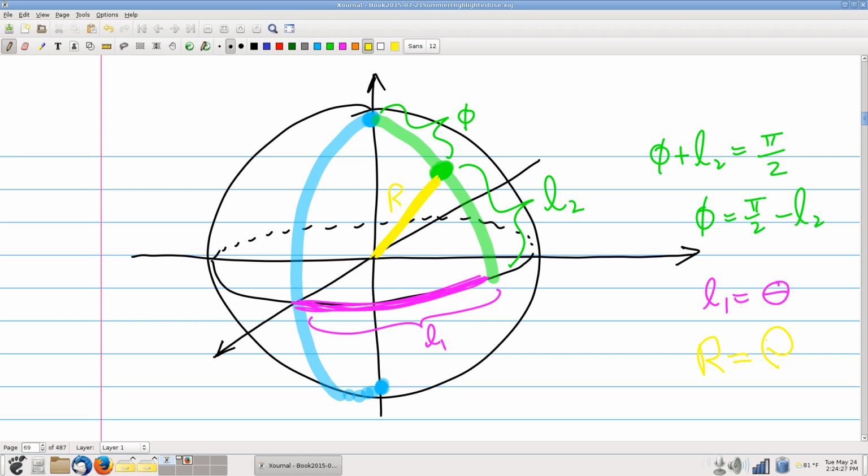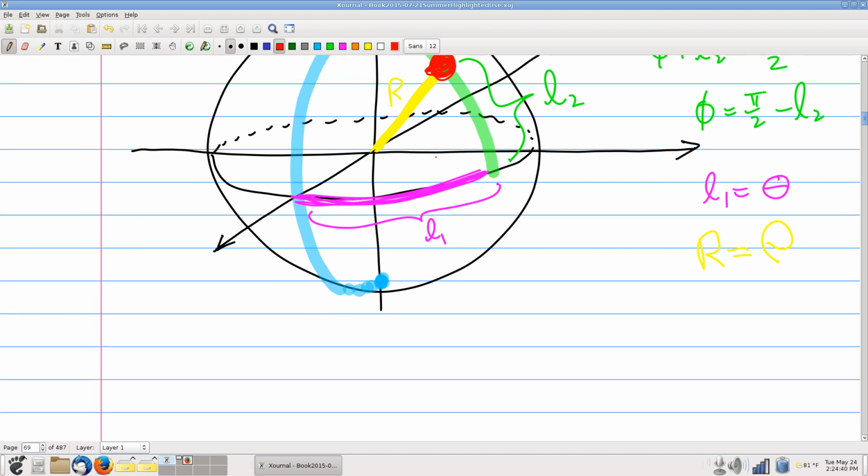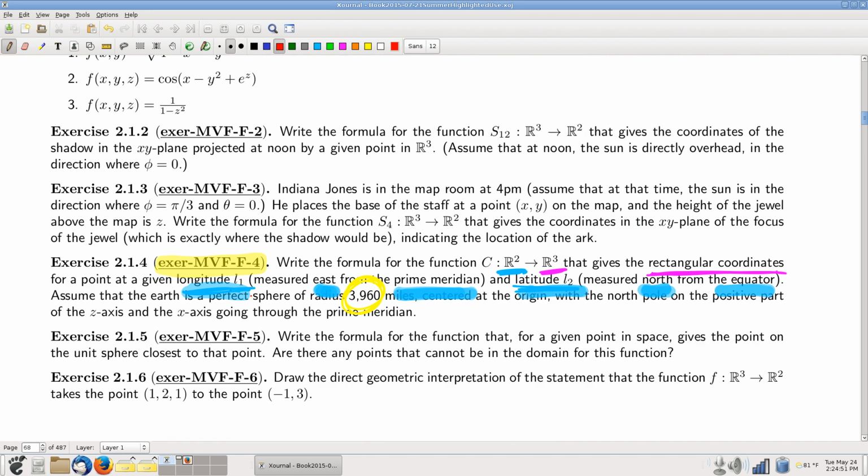Okay, so now I want to know the coordinates of this point. I'm going to call it x. It has coordinates x, y, z. And by the way, in this section we have already covered the spherical coordinate section, so we're welcome to use spherical coordinates at this point.